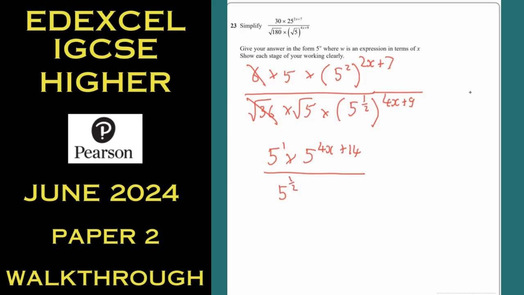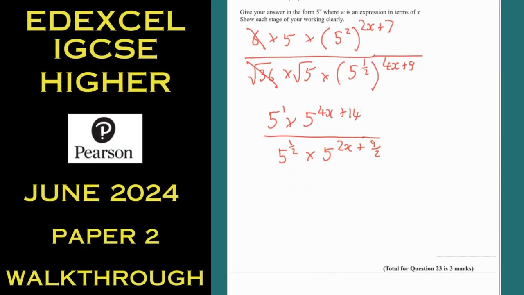But here, let's tidy these powers up. Times the 4x plus 9 by a half. And we get 2x plus either 4.5 or 9 over 2. Entirely your choice. Let's now go tidy up the top. When they are multiplied, the powers are added.